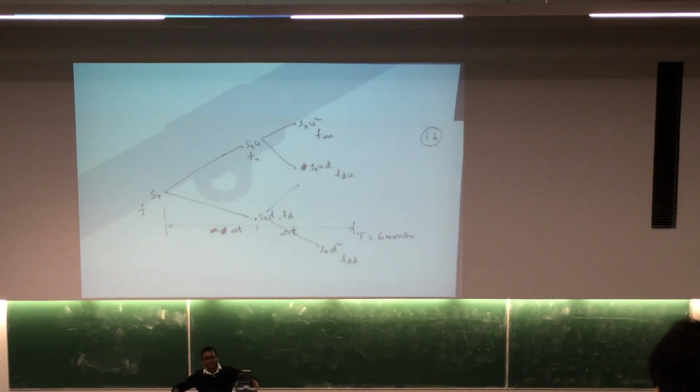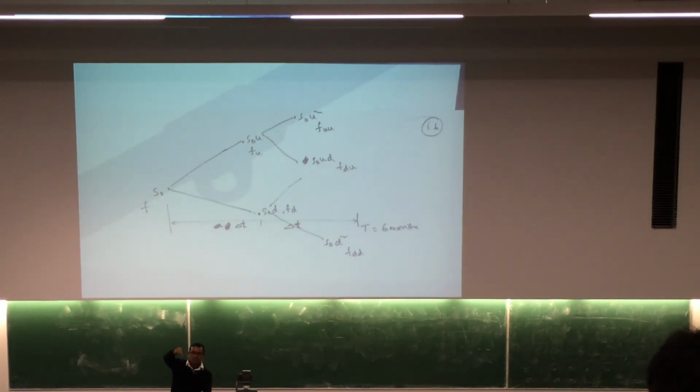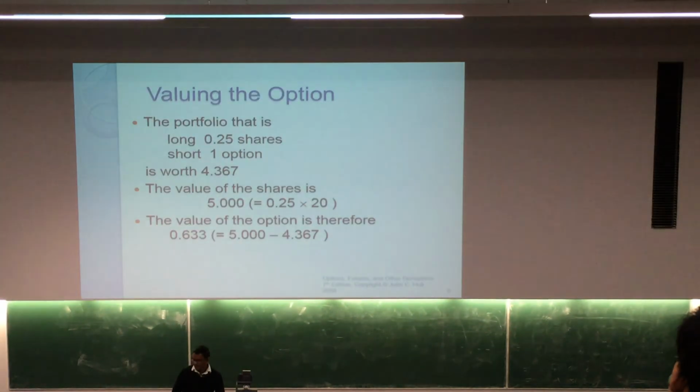If I consider, let us say, 4 or 5 more steps, then obviously I can create more possible stock prices or stock fluctuations for the given stock. So that's a complicated story.